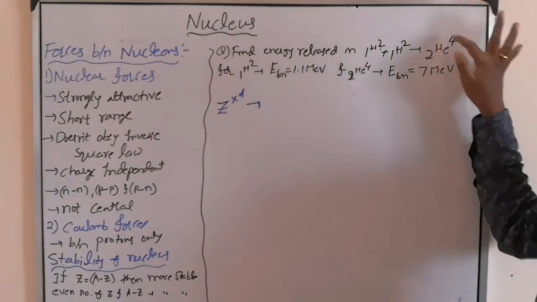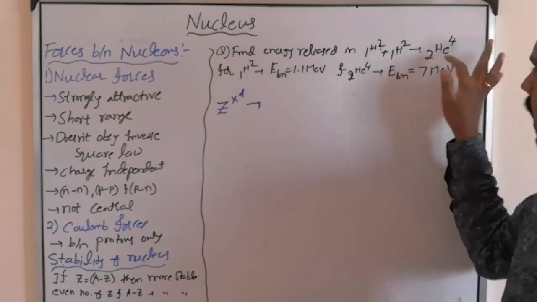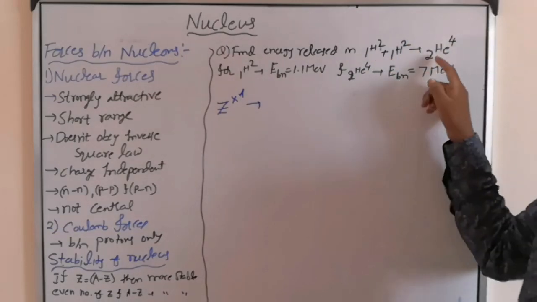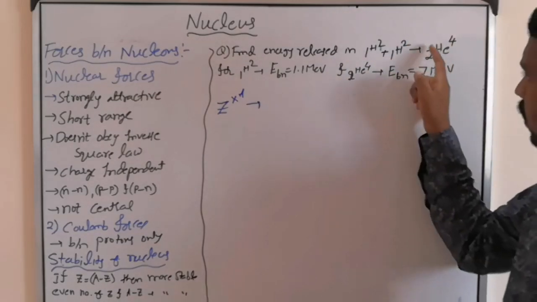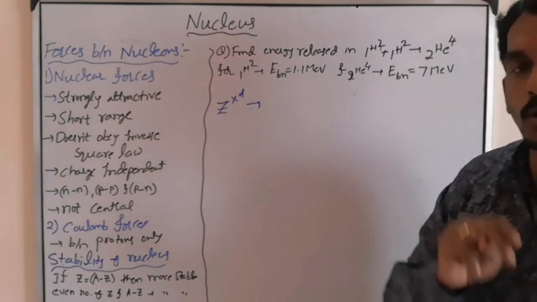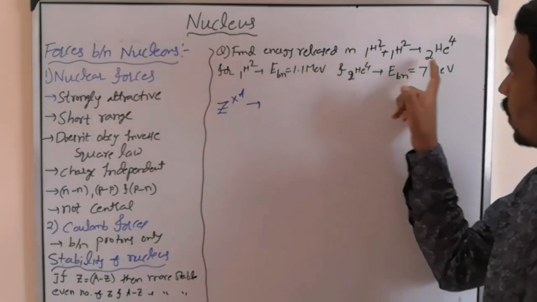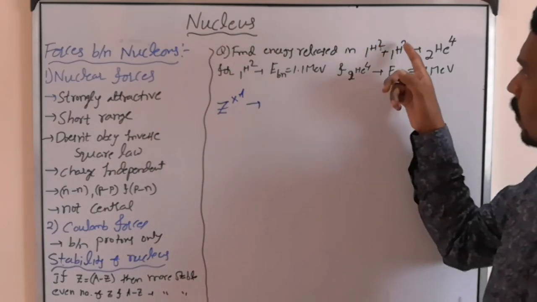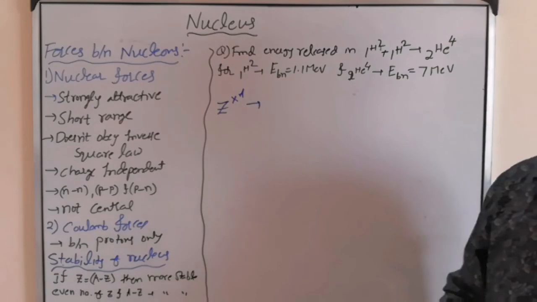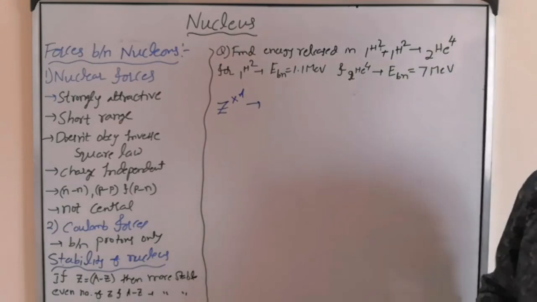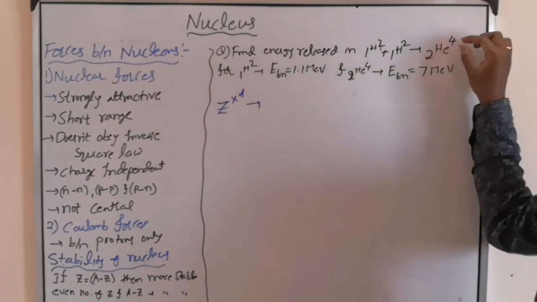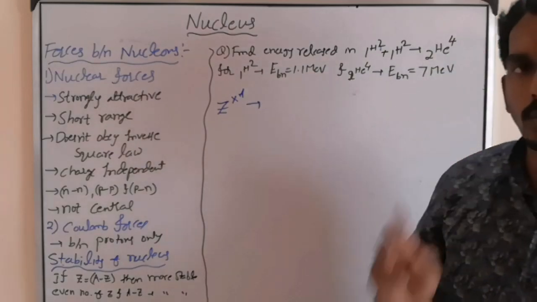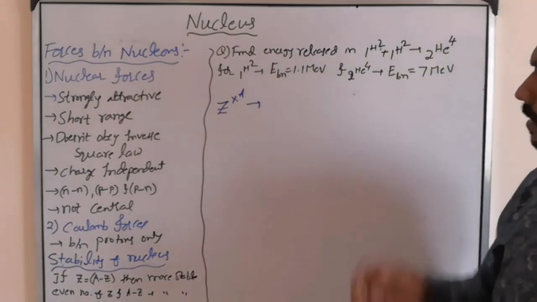Now the resultant product, these are the reactants and this is the product, 2He4. Z is 2 means 2 protons. So 1 proton plus 1 proton, 2 protons. Now 1 proton, 1 neutron, 1 proton, 1 neutron, total mass number 4. So 2 protons and 4 minus 2, 2 neutrons. So this is the result.